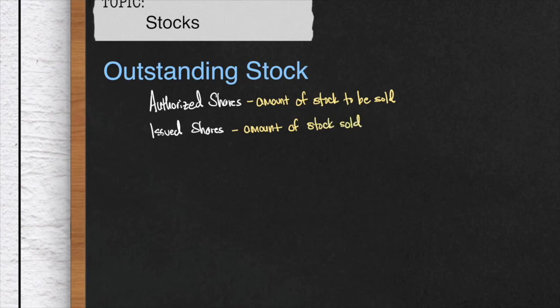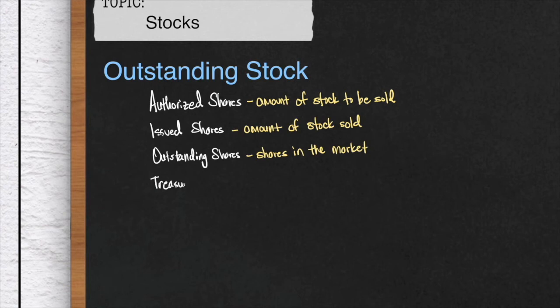Next, issued shares. So issued shares is the amount of stock actually sold into the market. So when they issue the shares, they get money in return, the company does. Next, we have outstanding shares. Outstanding shares is the shares in the market. Now, you may think that issued shares and outstanding shares equal the same amount, and sometimes they do, but not in all cases, because there is a type of stock called treasury stock.